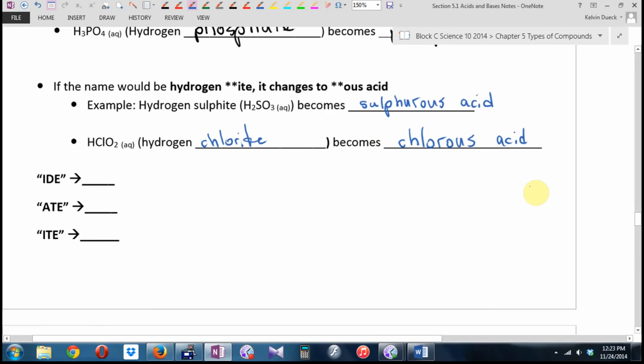Summary then. Ide becomes hydro-ic acid. Ate becomes just blank blank ic acid, no hydro. Ite becomes blank us acid.